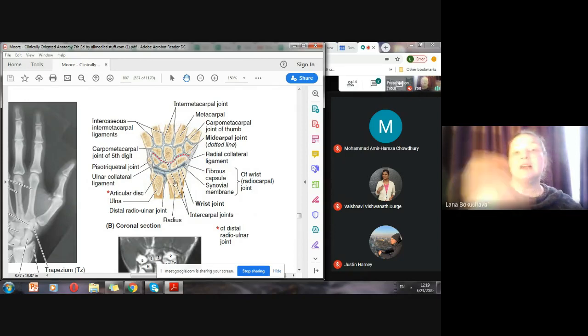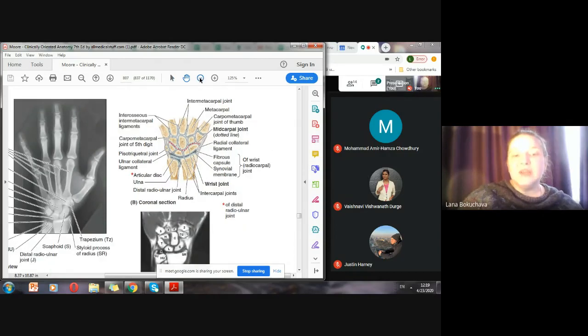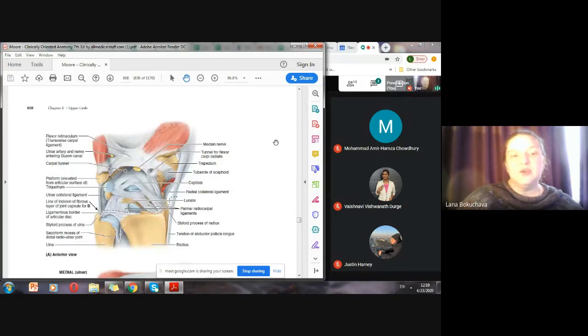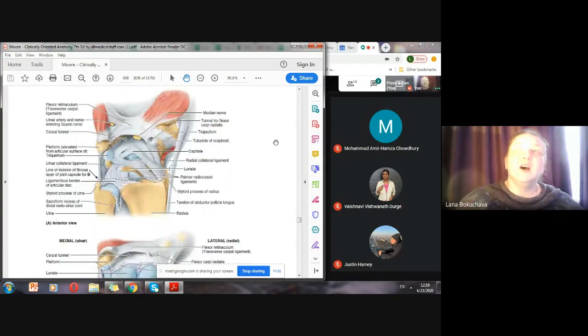Compared to all of the other types of joints, it is, we could say, limited in this case.